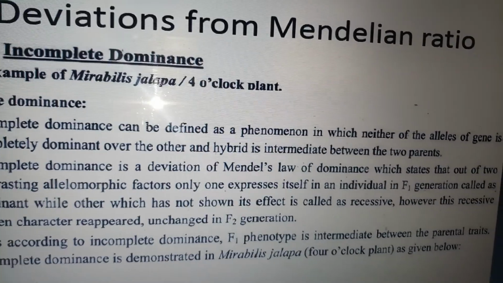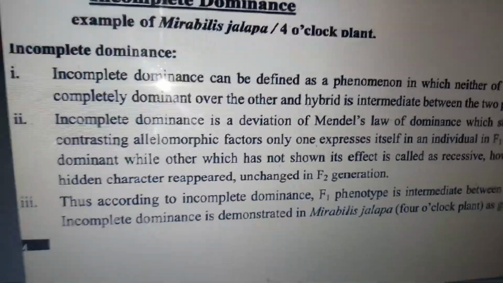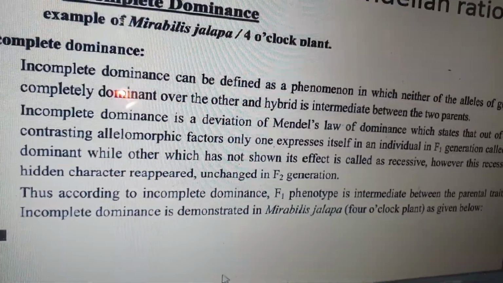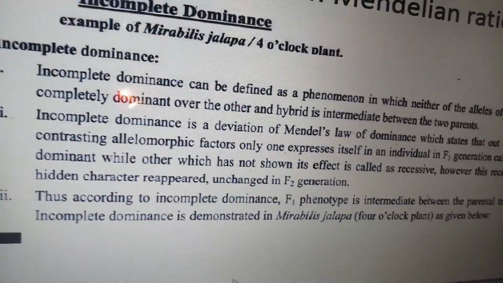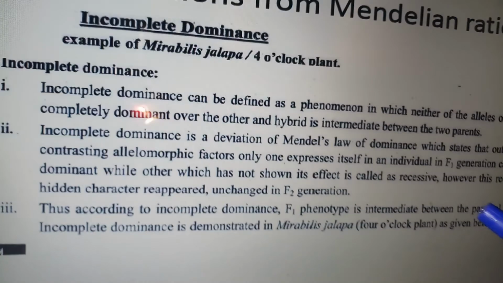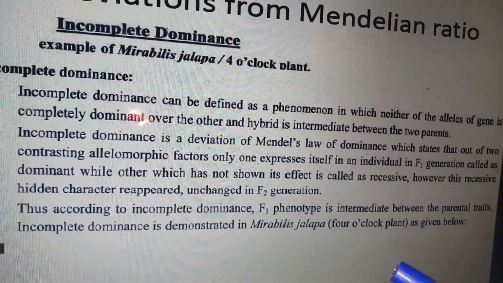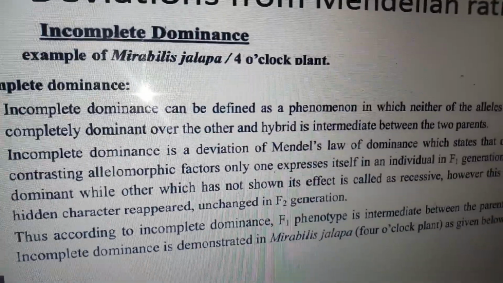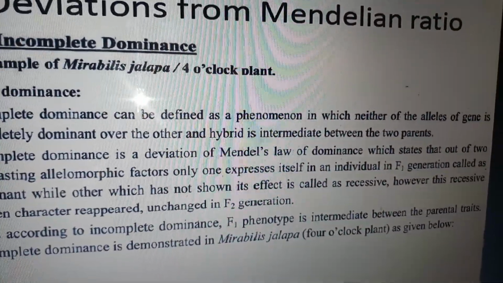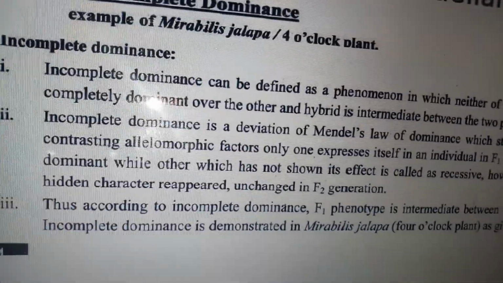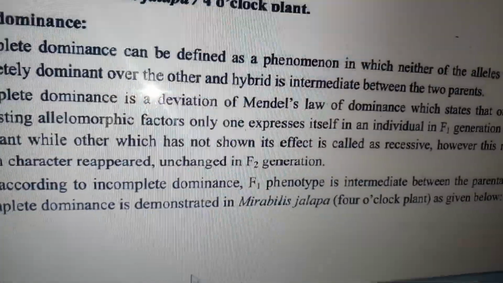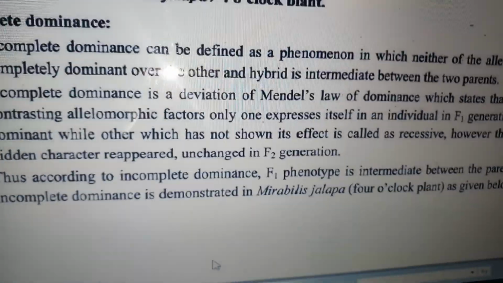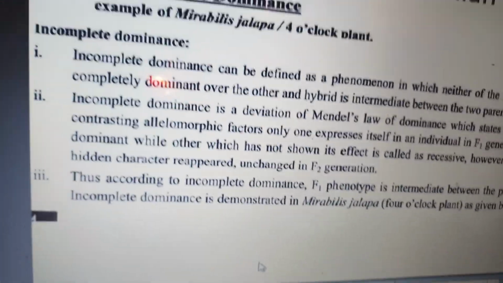However, this recessive hidden character reappeared unchanged in the F2 generation. Thus, according to incomplete dominance, the F1 phenotype is intermediate between the parental traits.